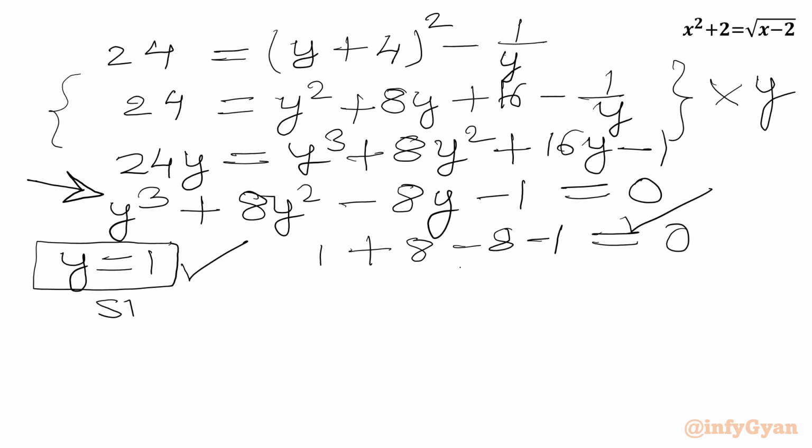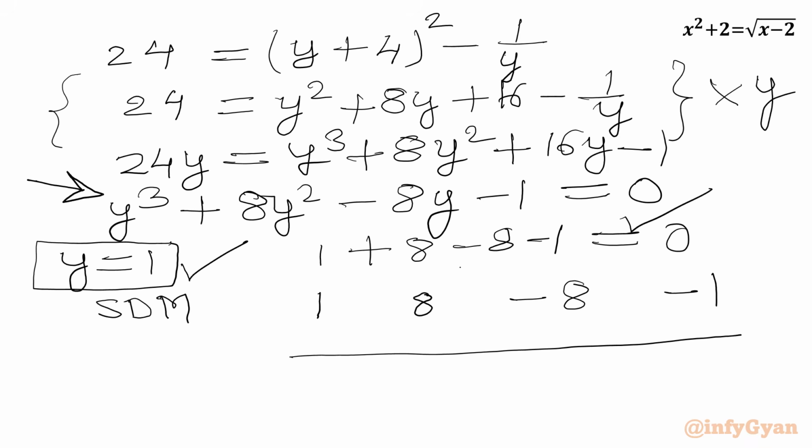Now we can use the synthetic division method. Here we need to write all the coefficients of the cubic equation. The y cube coefficient is 1. The y square coefficient is 8. The coefficient of y is minus 8. The constant is minus 1. We will write our leading coefficient 1 as it is. 1 times 1 is 1.